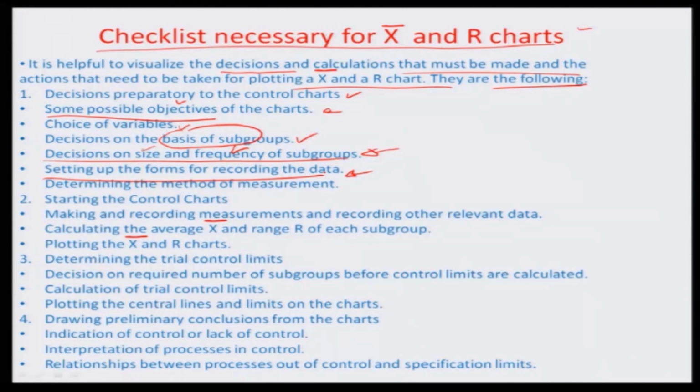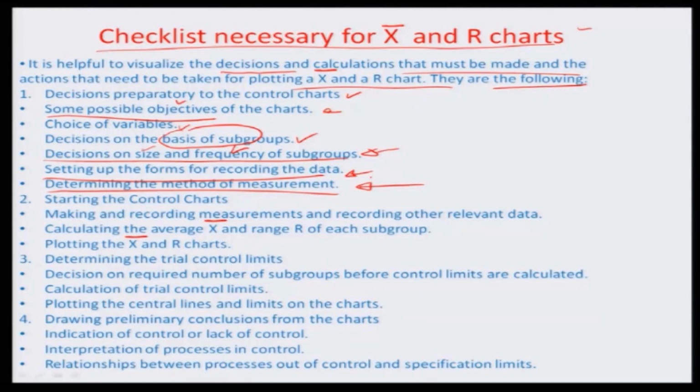And then obviously you have to determine the method of measurement, whether it is just a vernier caliper which you are inserting in that slot for measurement, or maybe a gauge that you have built, which you align to see whether a gauge of a certain value goes into that slot width. So many options like these are available.